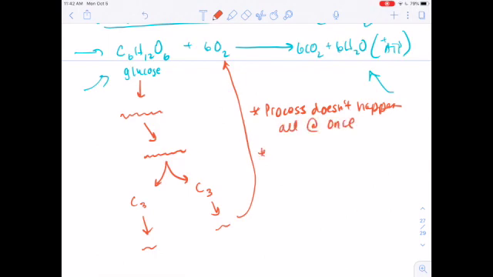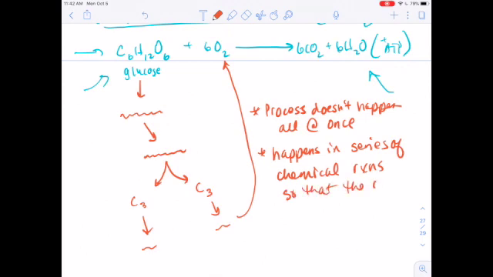Okay, it happens step by step, in a series of chemical reactions so that the cell can get ATP out of this.